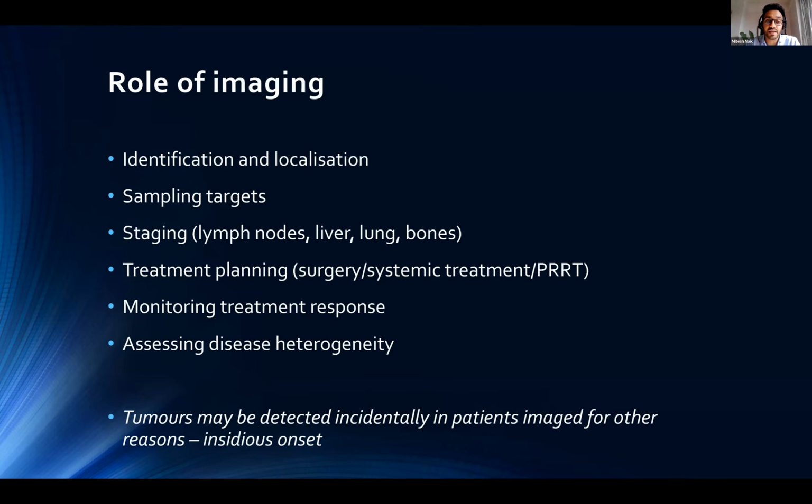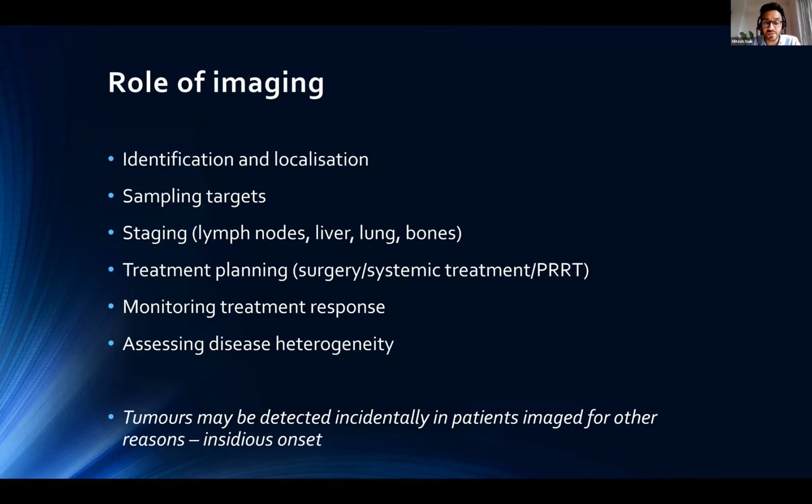This will inevitably have implications on treatment, whether or not the patient is suitable for local regional therapies, surgical treatment, which could be with curative intent potentially, or whether systemic treatment needs to be considered early on. Furthermore, it's appropriate to assess whether the patient will be appropriate for PRRT, and subsequently assess response to treatments once instigated.